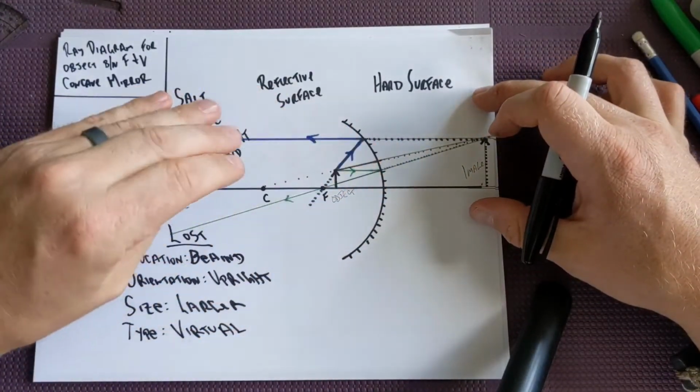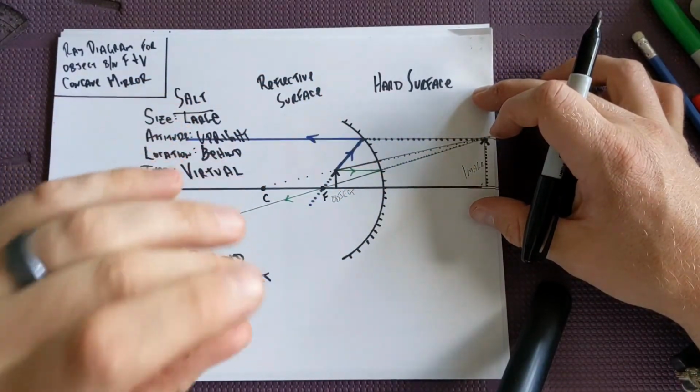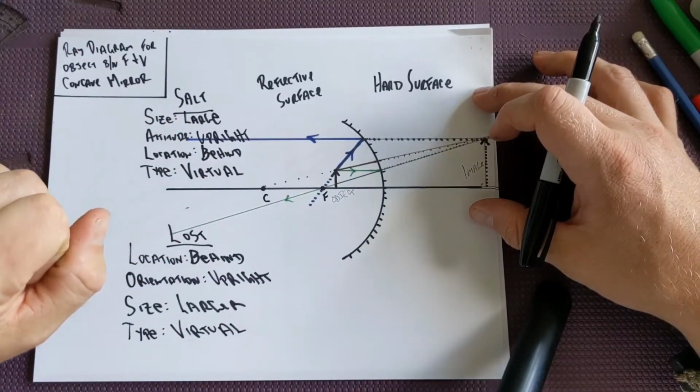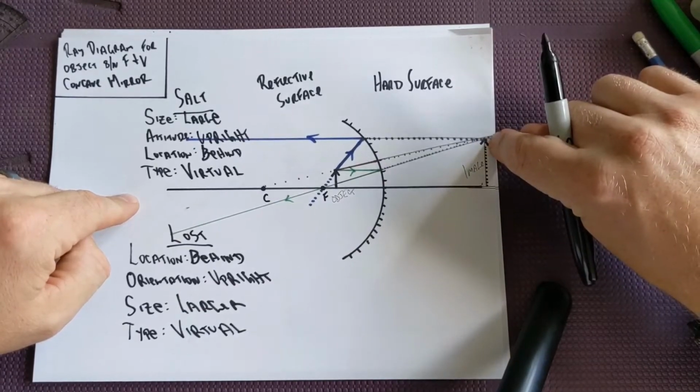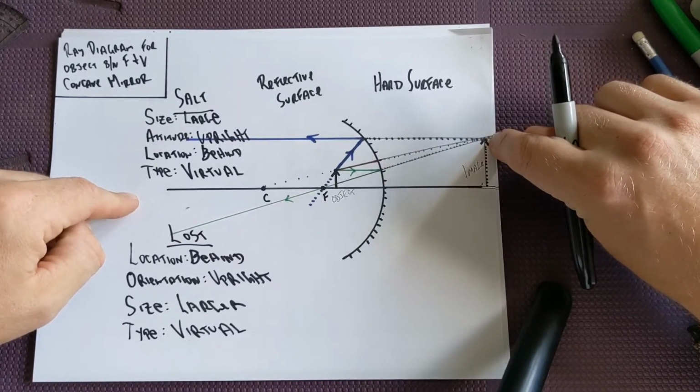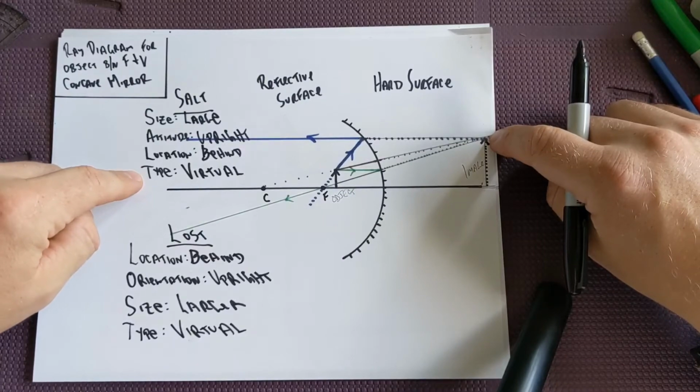If the actual reflected rays intersected with each other, we would have a real image, but we don't. Only the extended reflected rays intersect with each other, so we have a virtual image. The type of image is virtual.